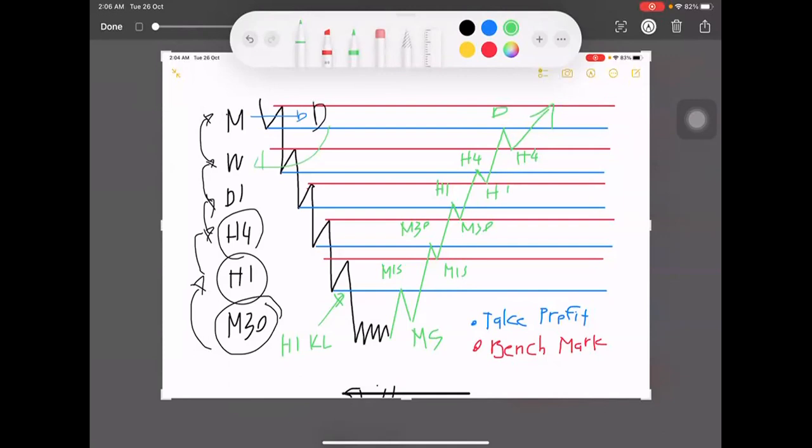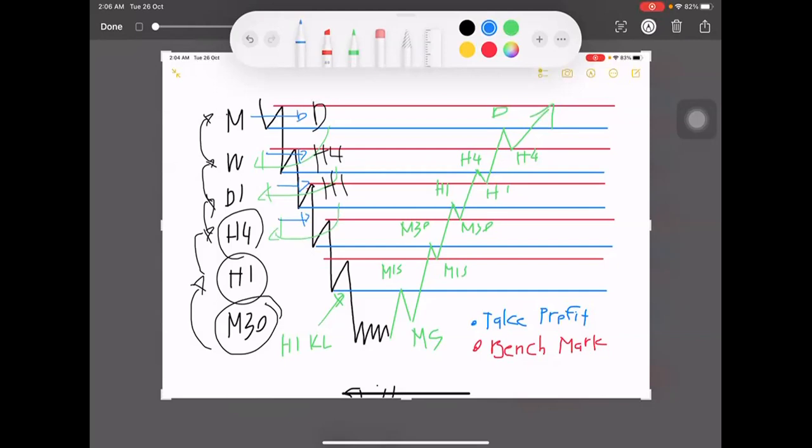So setup for weekly we go to H4. H4 TP is D1, right? So setup for D1 is H1, and so on.